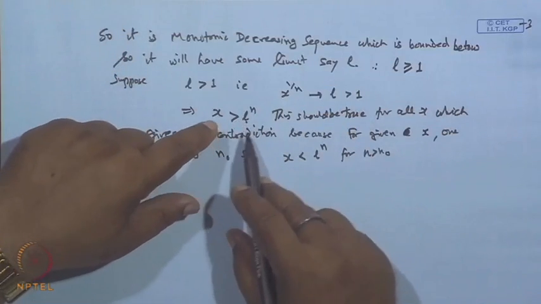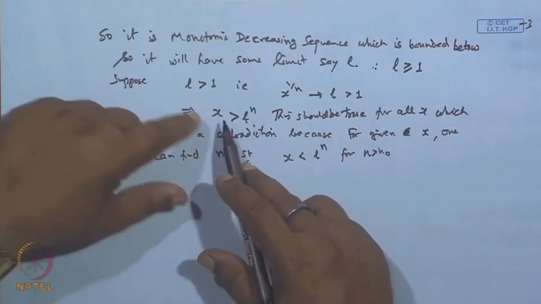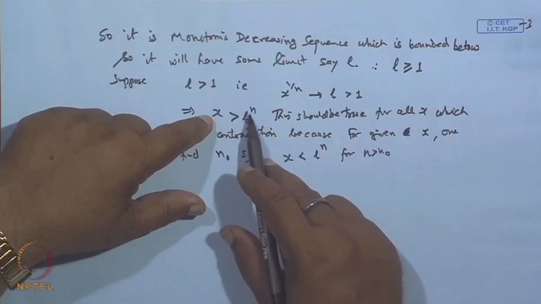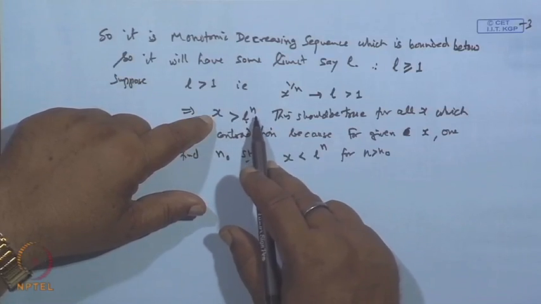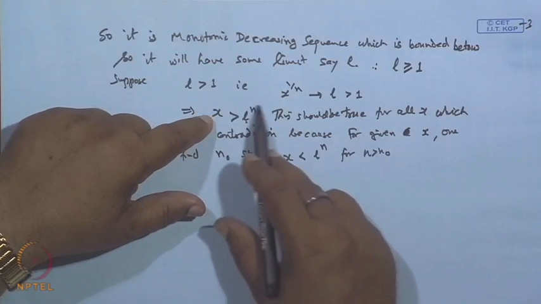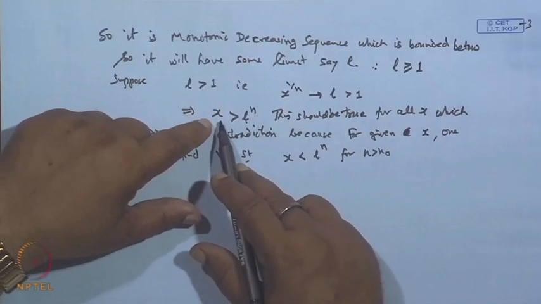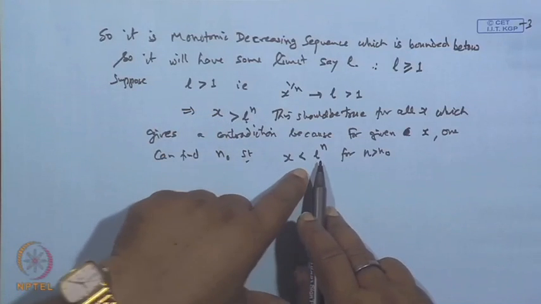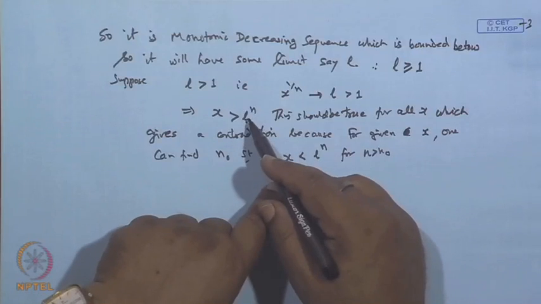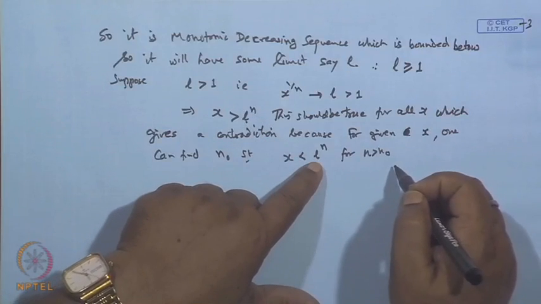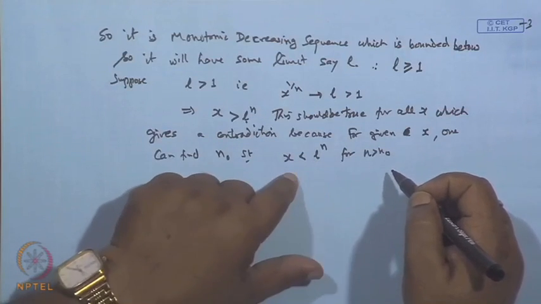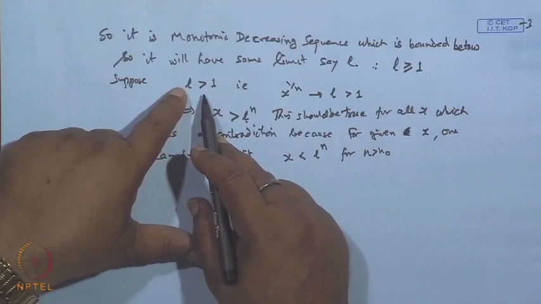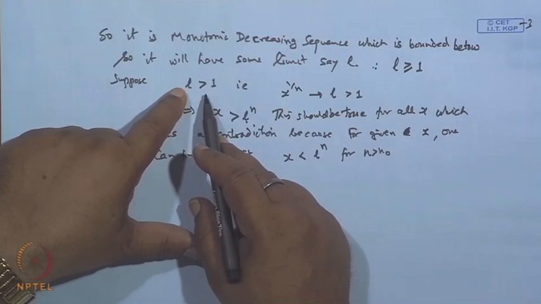But this leads to a contradiction. Once you fix the x, and since L is greater than 1, when n is sufficiently large, L to the power n will keep on increasing. So, a number n naught can be obtained so that x can be made less than the term L to the power n after a certain stage. This contradiction is because of the wrong assumption that L is greater than 1.